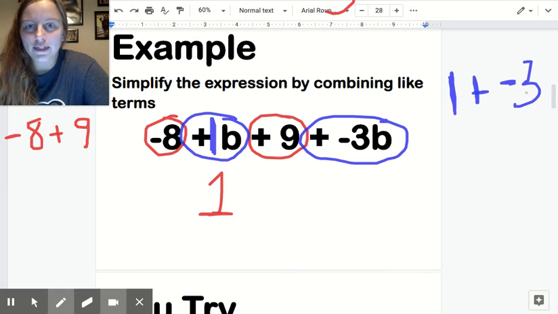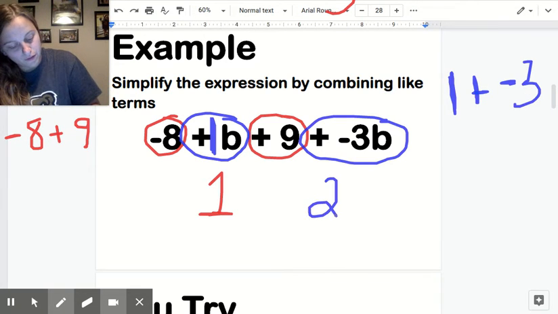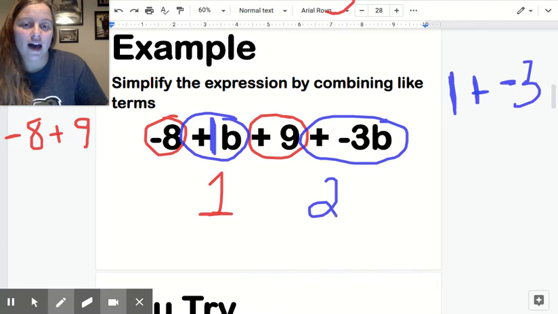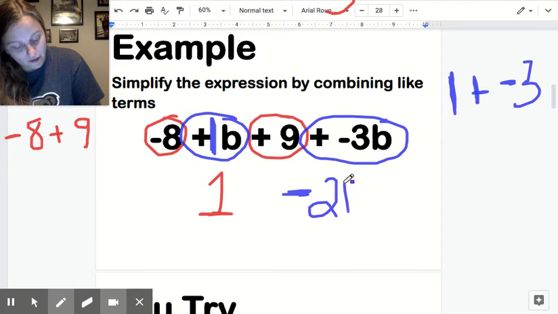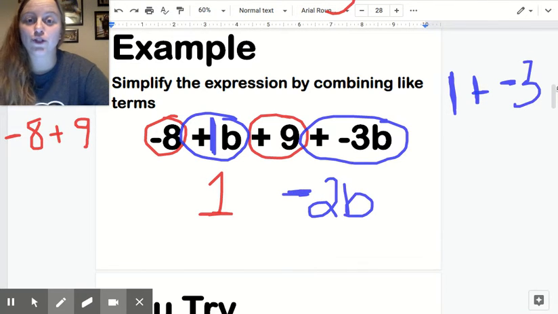Well, we know how to do that. We did that in chapter 1. There are different signs, so I'm going to subtract them to get a 2. And I'm going to keep the sign of the higher number. Well, 3 is higher, so it's really going to be a negative. Don't forget your b, -2b.